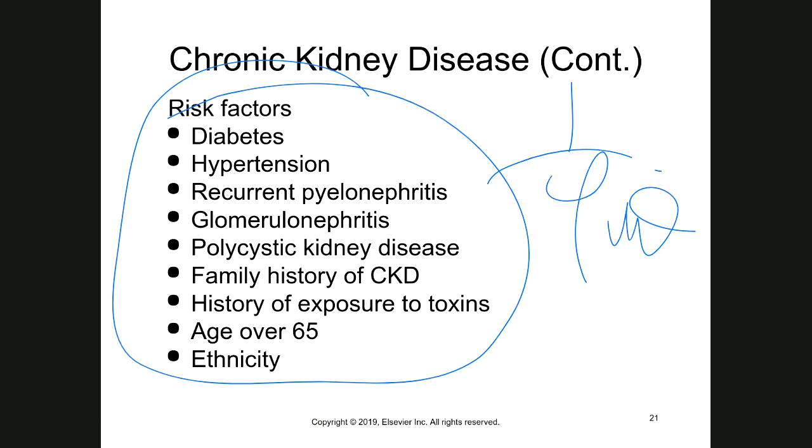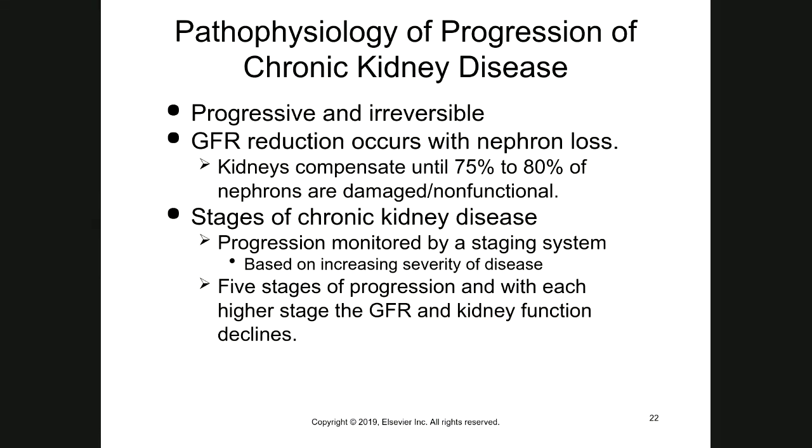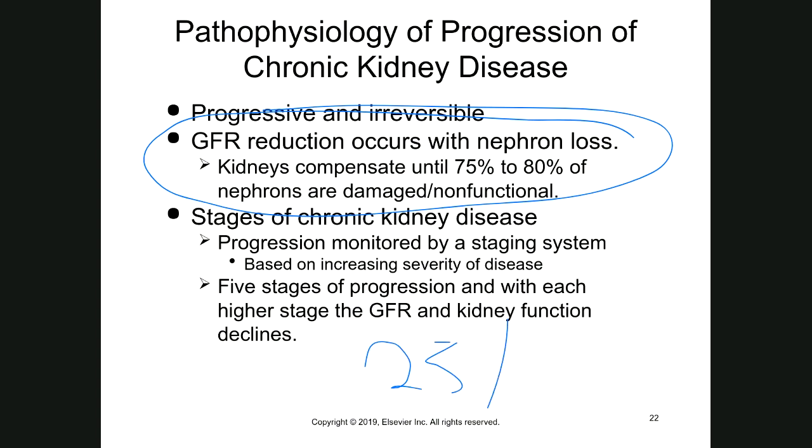This one I didn't make anything as a question, but it's interesting to notice that the kidney is capable of continuing to do its job until 25% of the nephrons, meaning 75 or 80% of the nephrons are gone, the kidney can still do its work.